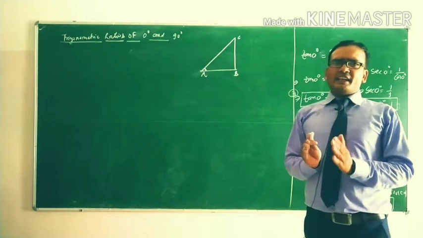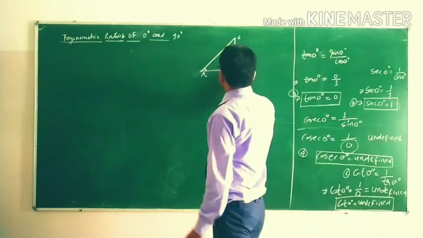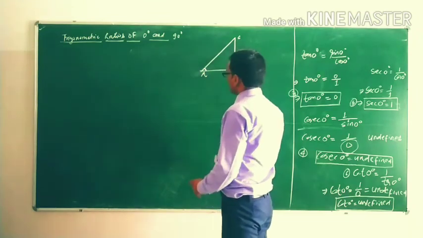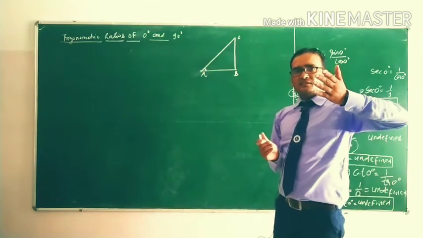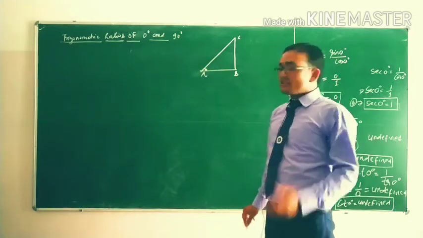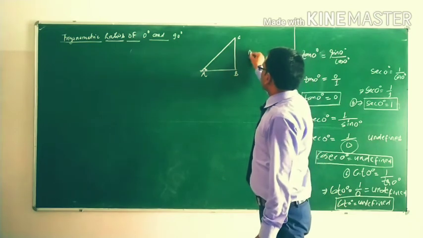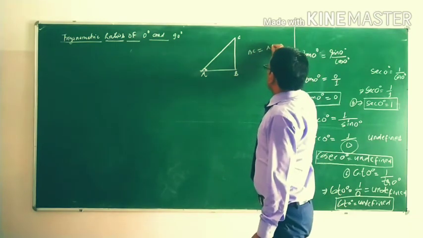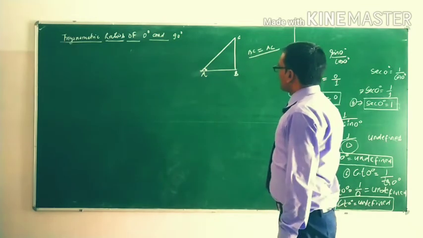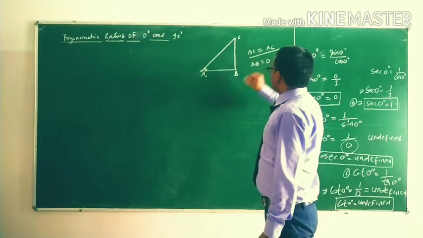If angle A gets to 90 degrees, that means we increase the side BC up to AC, then angle A gets to 90 degrees. That means if angle A gets to 90 degrees, then BC is equal to AC and AB is 0.